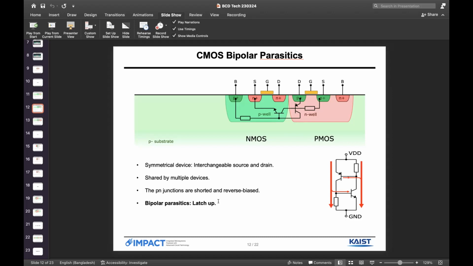So the current still flowing from the drain source of the CMOS to the ground. So that could happen. So that's why we call it a latch-up.